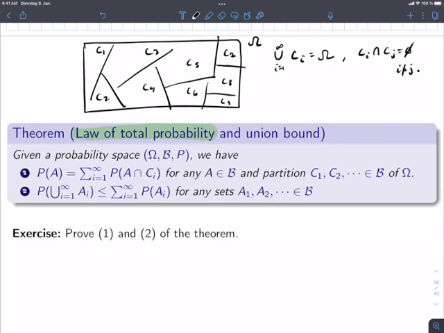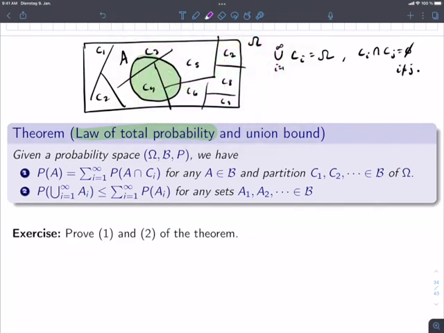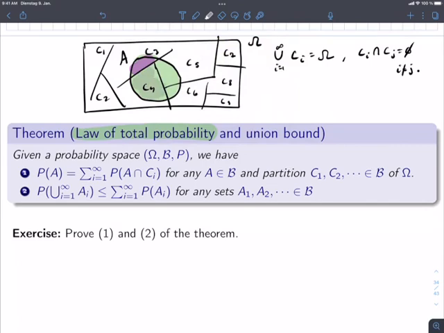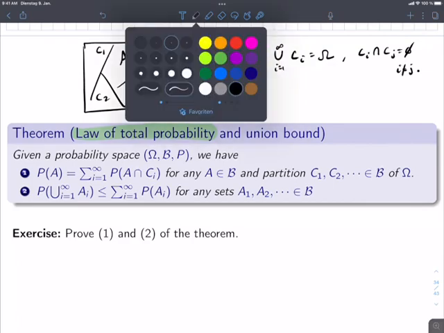Okay, then we imagine there's some set A, and we'd like to compute the probability of A. And so if we represent the probability of A by shading this area, we see that it's composed of a few different pieces. There's this part, there's this part, there's this part, and there's this part, for example.